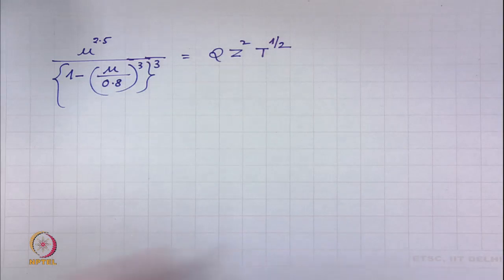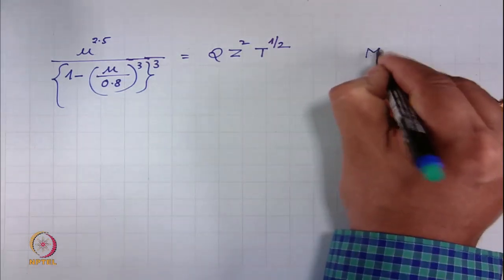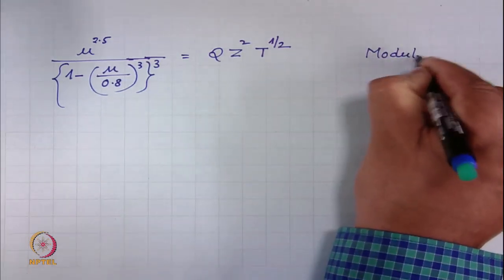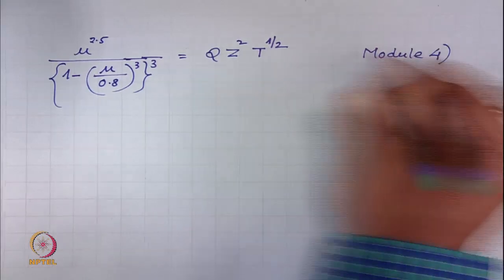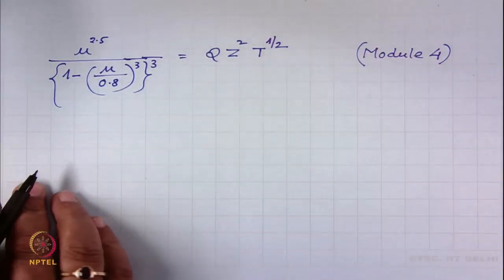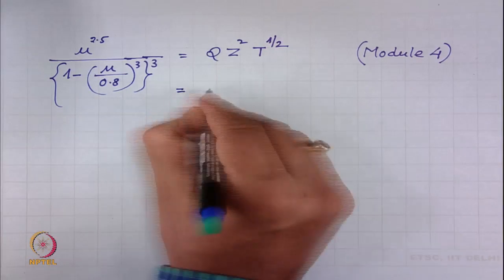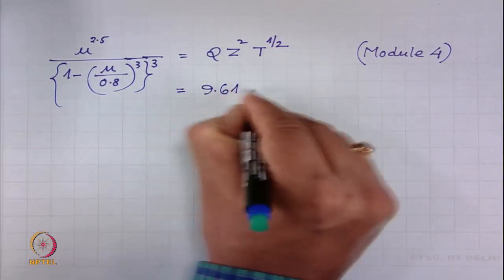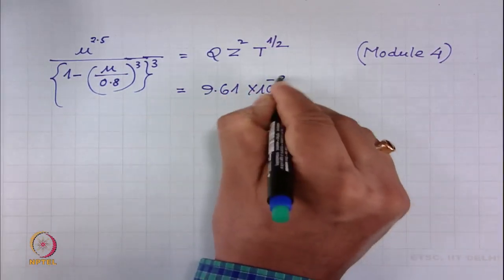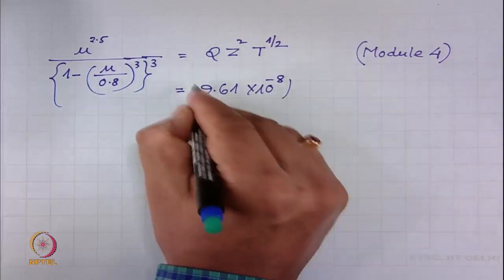Probably we will learn this in module 4. So, it is a cotton carded ring spun yarn, 9.61 into 10 to the power minus 8 is the value of q.